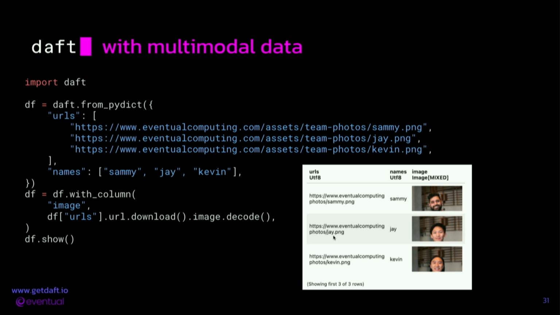In this example, we're downloading data from URLs using a baked-in URL download expression, and then decoding these bytes as images. Internally, Daft is built on a Rust async core library that makes this all super fast. To a user, it's almost as if you're using SQL and declaring up front what transformations you want. But under the hood, Daft is doing all sorts of crazy optimizations, native code, async Rust, to make this all work extremely performantly.